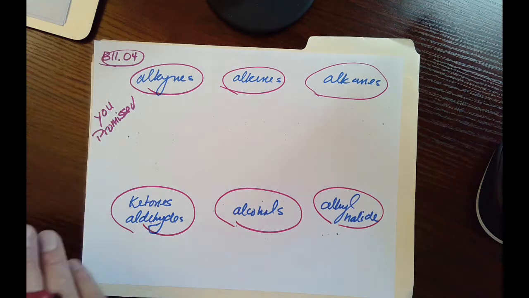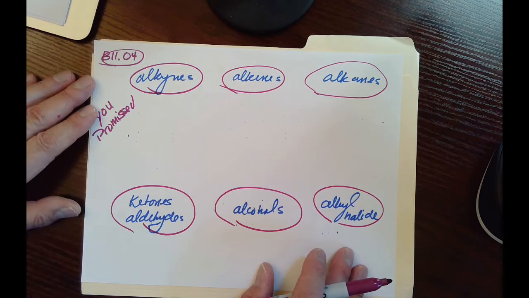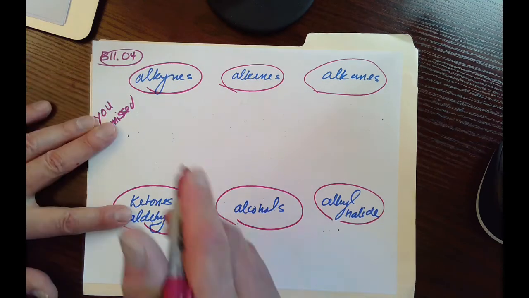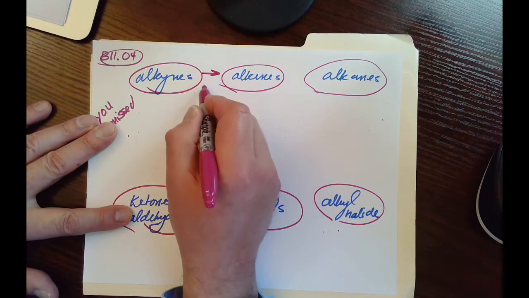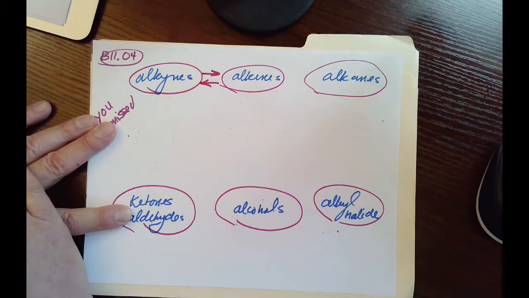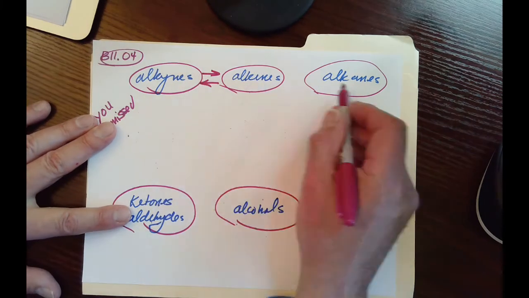During the class and the map that we had before, we talk about how to go from an alkyne to alkenes and vice versa, how to go from the alkenes to alkynes, right?